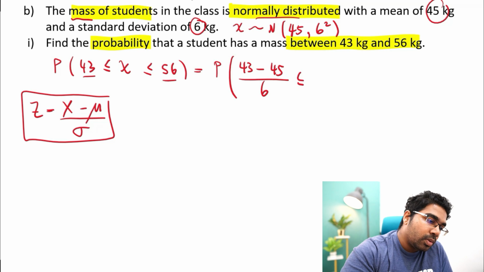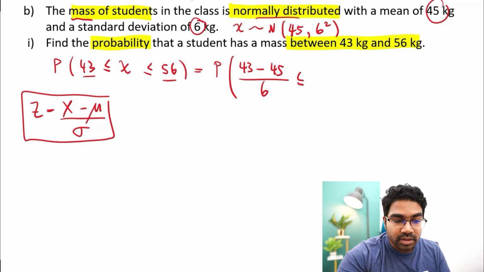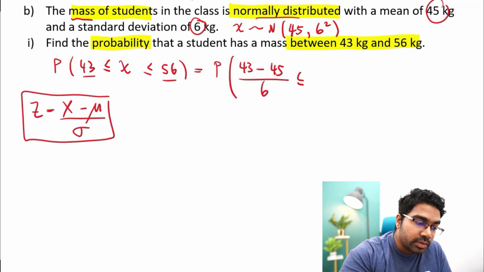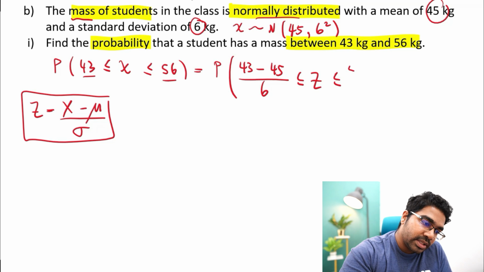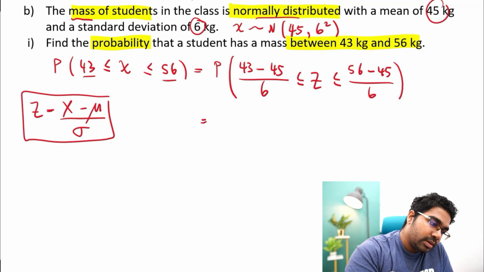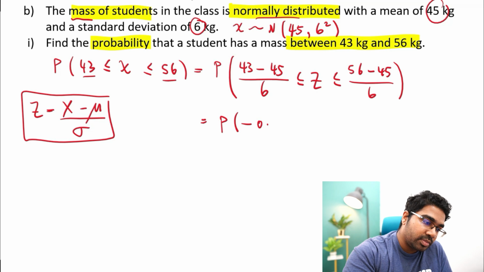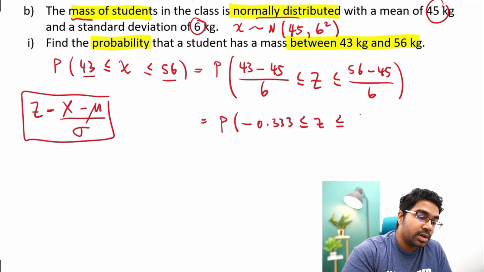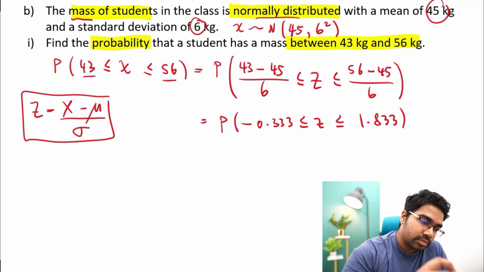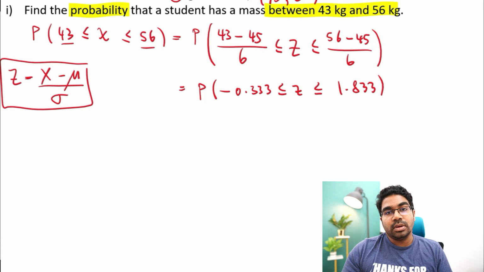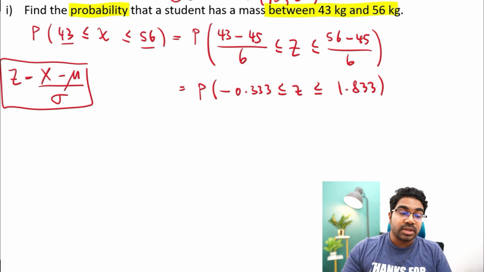Once you've applied the formula, it is no more an x value. Now it becomes a z value. And so we do the same thing to the other side as well. 56 minus 45 divided by 6. And so the values that we get will be negative 0.333 and 1.833. You get your z-score values to the third decimal place, because that's what we're going to use from the standard normal distribution table.